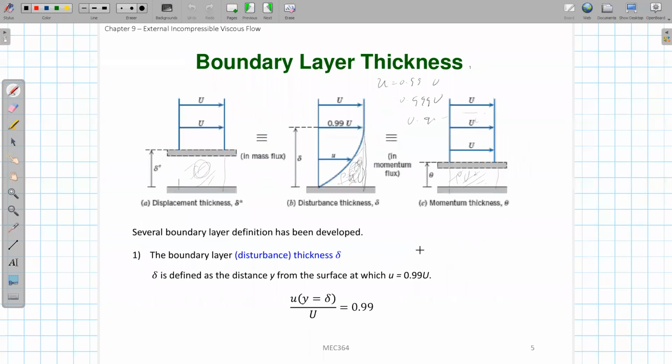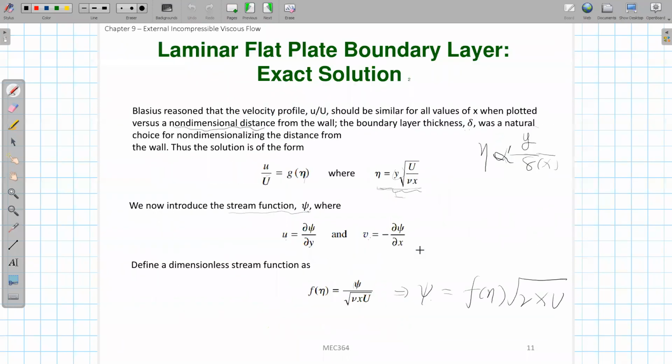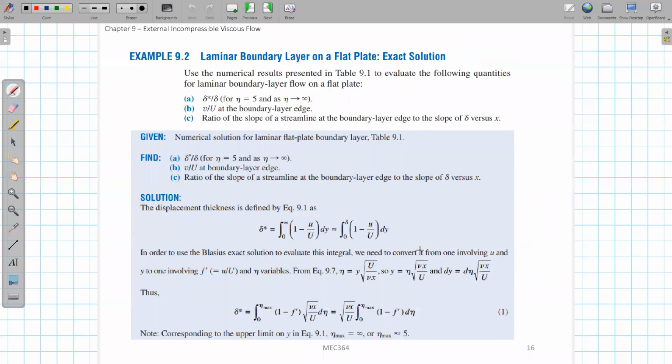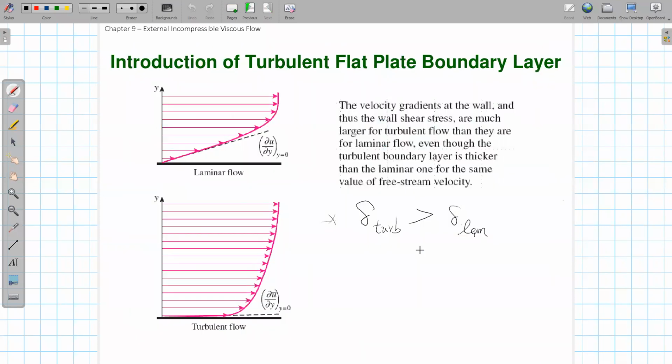That is the first thing I want you to know about the turbulent boundary layer. From intuition and common sense, it's kind of easy to understand. Why? Because the boundary layer we are talking about is where the viscous stress, the viscous force, is important.